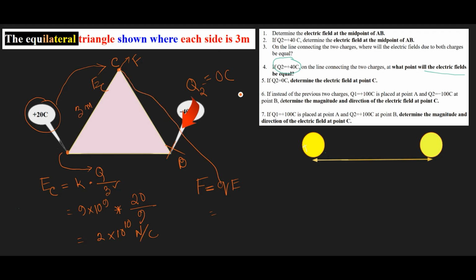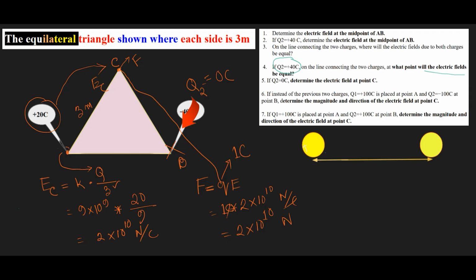Obviously in that case this is a point charge, so this q will be 1 coulomb, and obviously the electric field will be 2 times 10 to the power 10 Newton per coulomb, and obviously this is 1 coulomb, so coulomb cancels out, so the force will be 2 into 10 to the power 10 Newton.